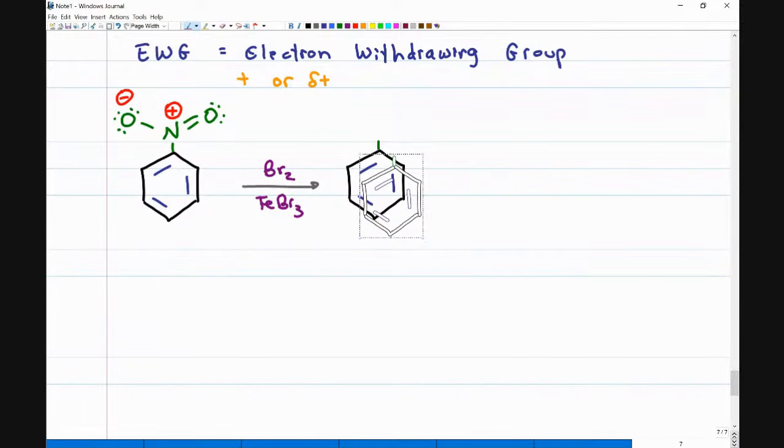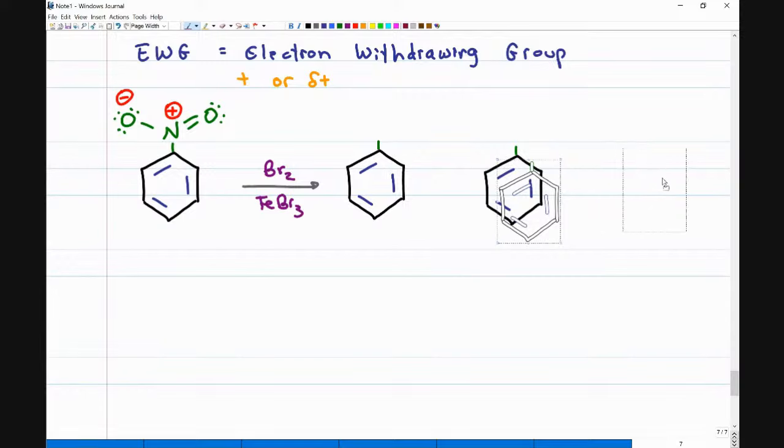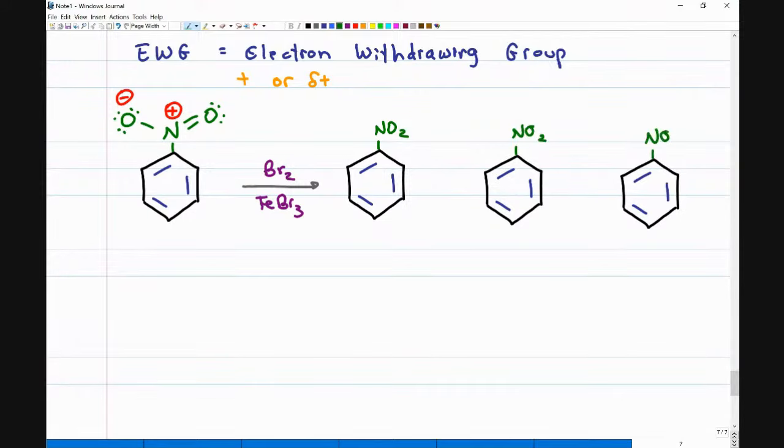Let's see the intermediate. If I add ortho, meta, or para, and I'm not going to redraw the nitrogen with the charge and everything. I'll just put it as NO2, but hopefully you can clearly see now that the NO2 is plus and minus like this. So we have a positive sitting on the ring. If I break this pi bond, I have the option of adding the incoming electrophile, ortho, or meta.